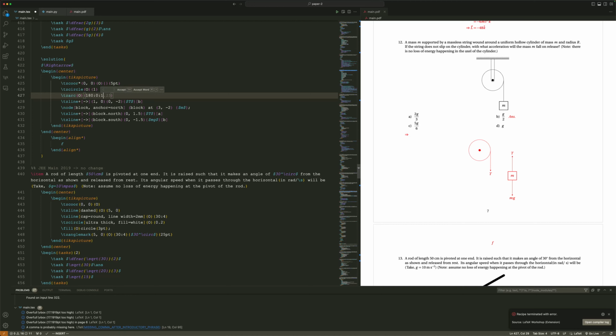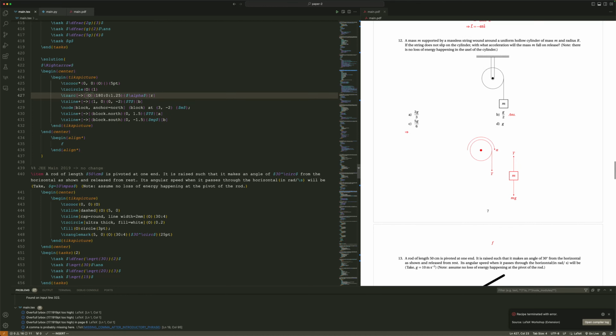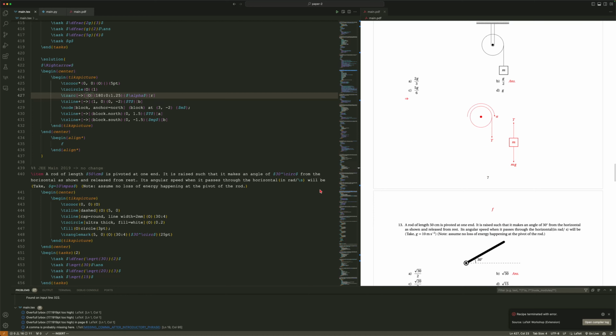Then the radius should be 1.25, and we can write alpha towards the right, and this should point as an arrow. That will be much better. So yes, as you can see, the FBD is fine. Now we can move on to the equation.